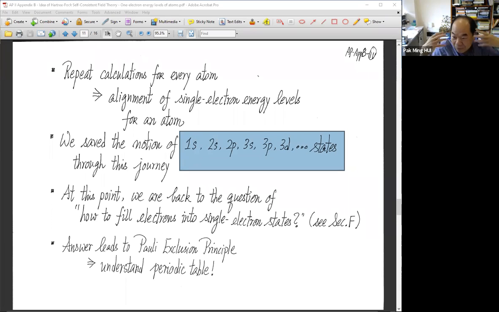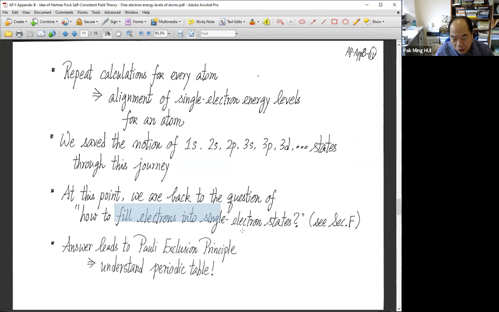That looks like some orbits, okay, but it's not its probability density distribution, okay. But nonetheless, this term is very popular. It refers to the wave functions 1s, 2s, 2p, etc. The remaining question becomes how to fill electrons into such atomic states. We will come to it a bit later, okay?